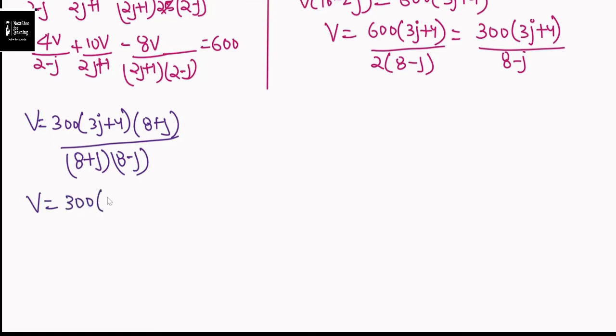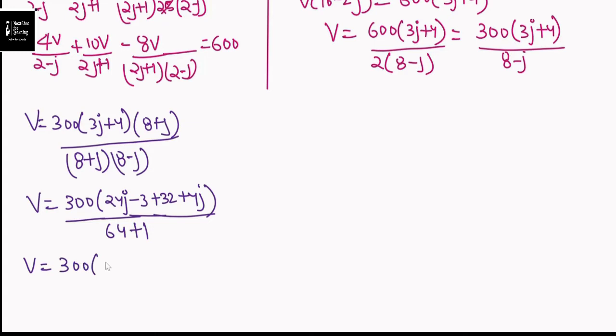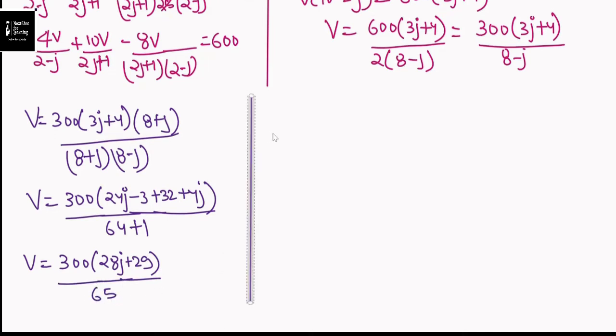24j minus 3 plus 32 plus 4j, 65 in the denominator, 28j plus 29 upon 65. So we can write V in the polar coordinates.